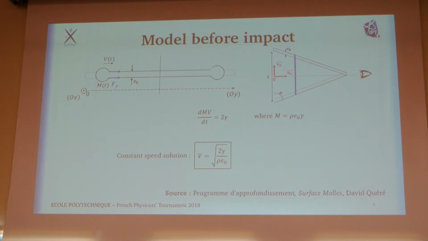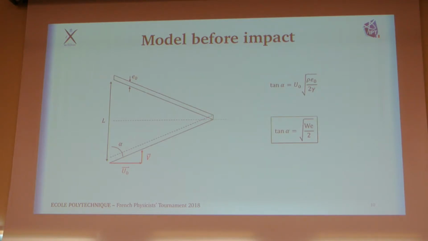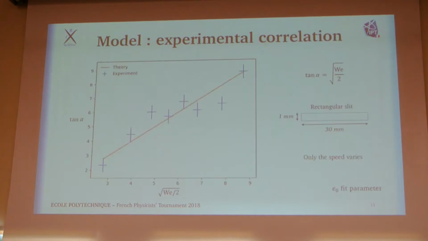You have the equation of motion, and from this you can derive a constant speed, which is really interesting because it gives us a constant angle. If we fit this on the data for a rectangular slit like this one, we get a quite good fit, and the angle is proportional to the square root of the Weber number.